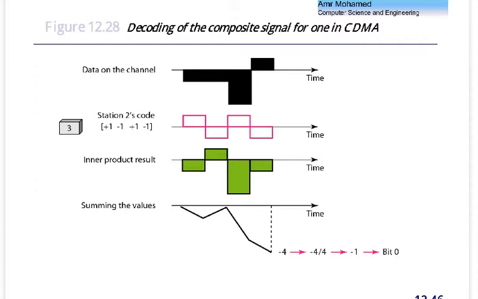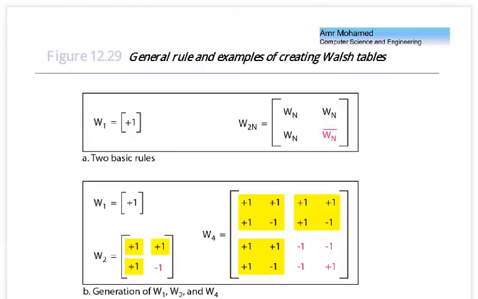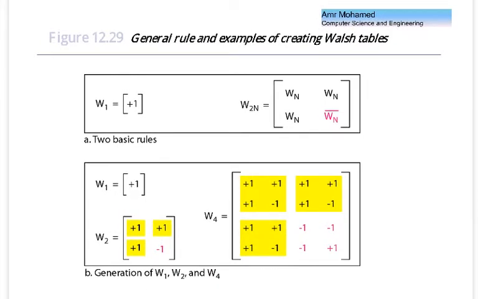So this is simply because, again, we'll see the linear algebra of multiplying the codes by the data. It's very easy. So before this step, how do we calculate the codes for all the stations?